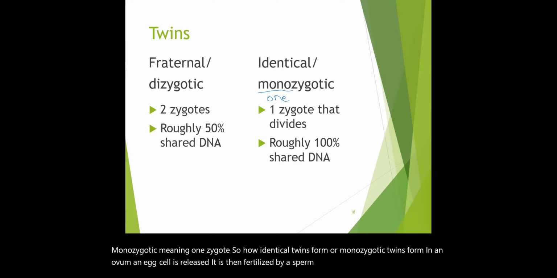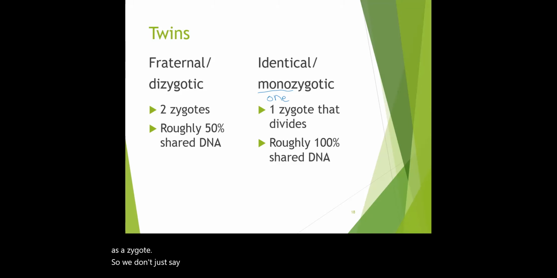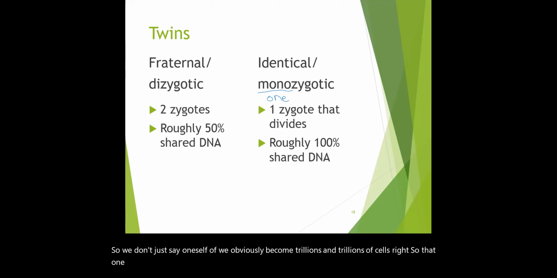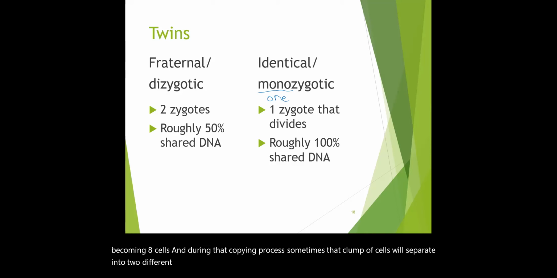That fertilized egg is known as a zygote. We obviously become trillions and trillions of cells, right? So that one cell during its development is dividing, becoming 2 cells, becoming 4 cells, becoming 8 cells. And during that clumping process, sometimes that clump of cells will separate into 2 different clumps of cells. And that is how identical twins form.